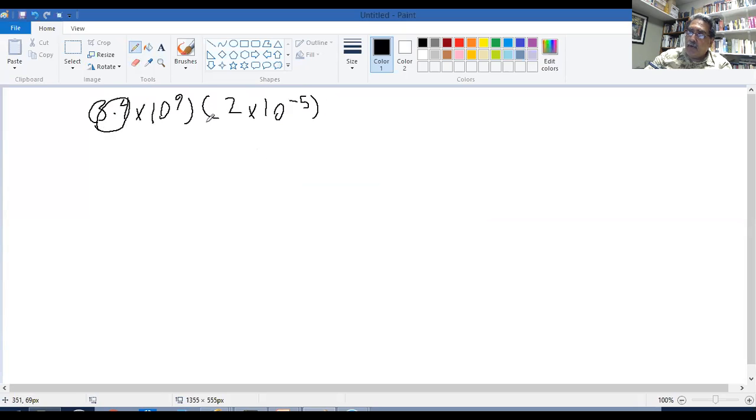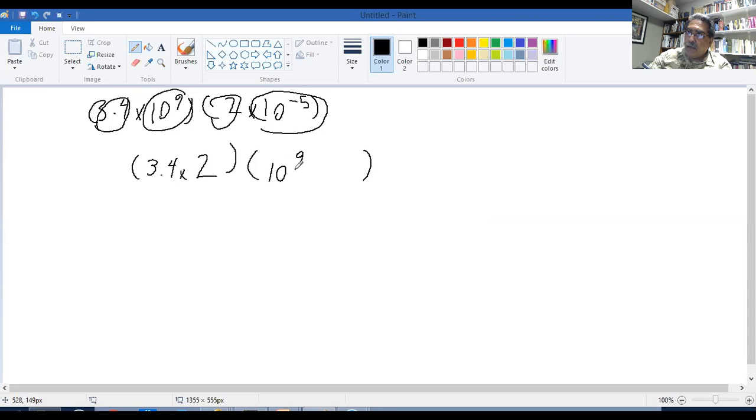Take 3.4 and 2. And remember, I put them in a new parenthesis, 3.4 times 2. The second parenthesis, I deal with 10 to the power of 9 times 10 to the power of minus 5.